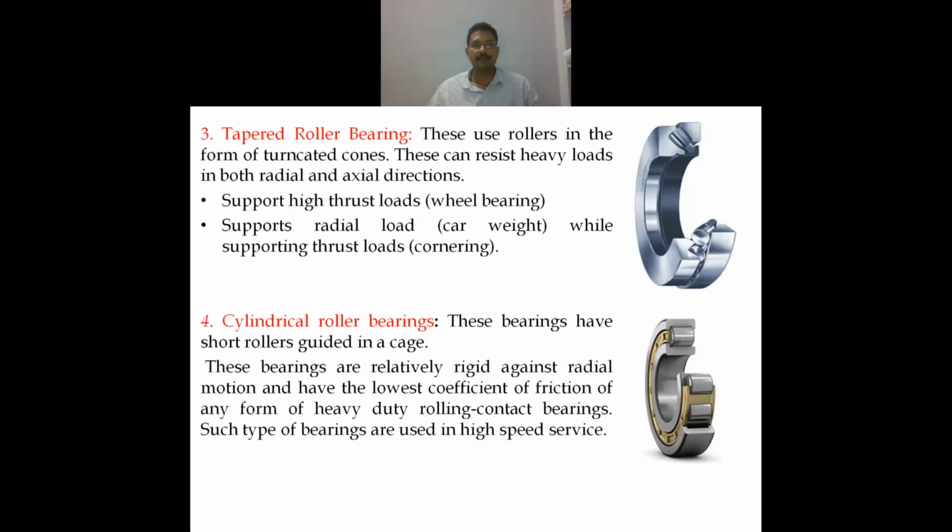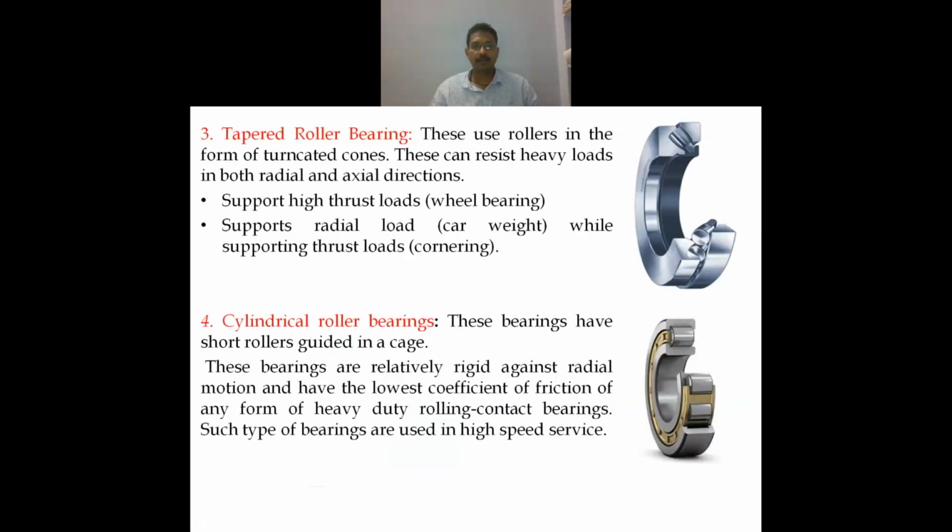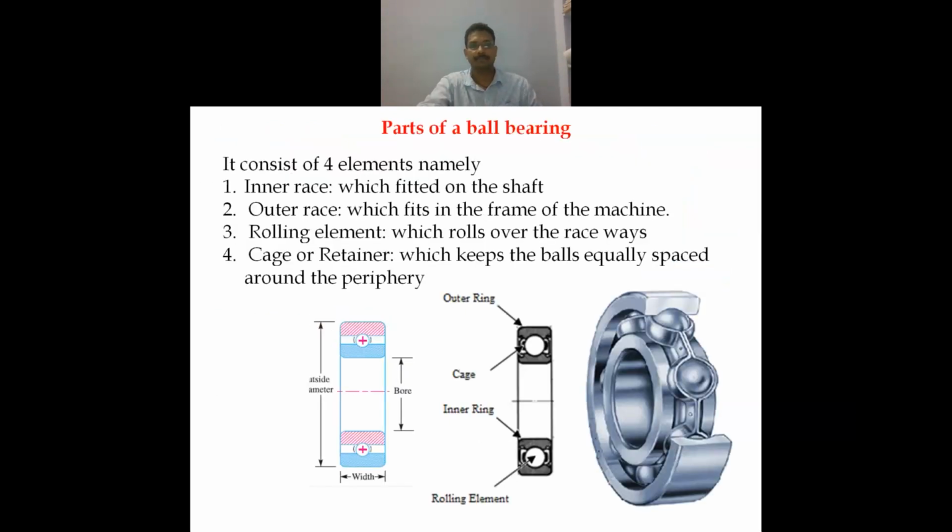Tapered roller bearing: these are rollers in the form of truncated cones. Cylindrical roller bearing: these are bearings having short rollers guided in a cage. Parts of ball bearing: it consists of four elements.